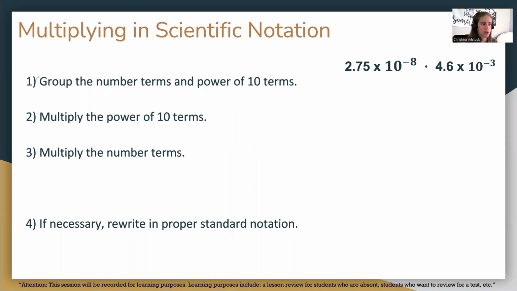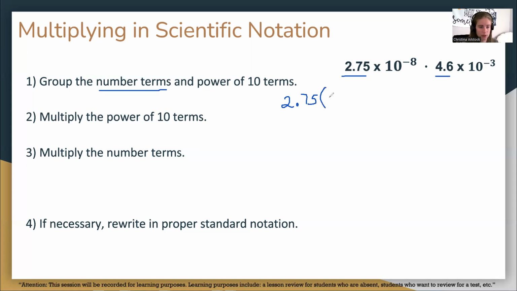The first thing that we want to do is group together our number terms, which you've also heard me call our coefficients, and our power of 10 terms. We're going to regroup these because that's one of the beauties of multiplication: we have a property that tells us when it's pure multiplication all the way across, you can do some regrouping. So our number terms, otherwise known as our coefficients, we're going to group those.